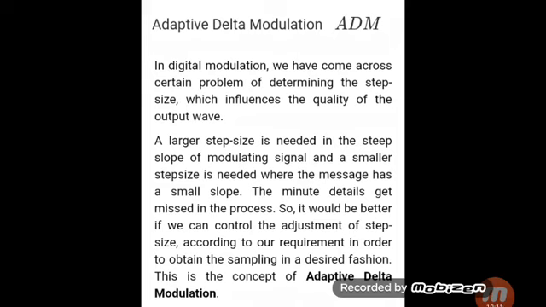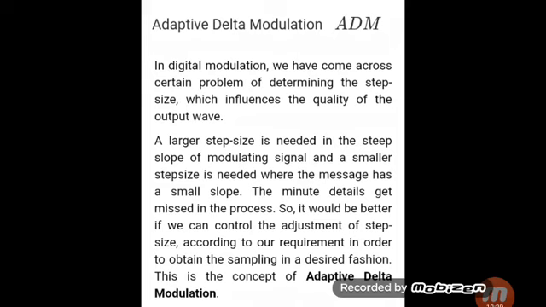In the previous class we already covered the comparisons of PCM (pulse code modulation), delta modulation, adaptive delta modulation, and differential pulse code modulation.